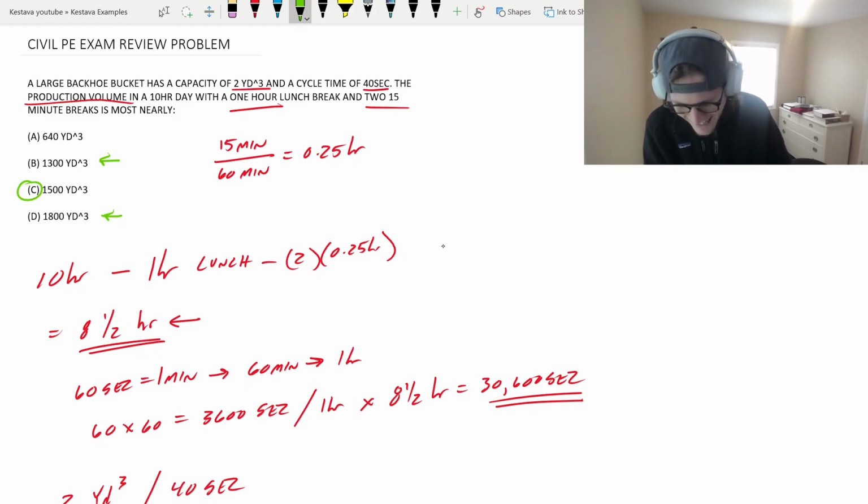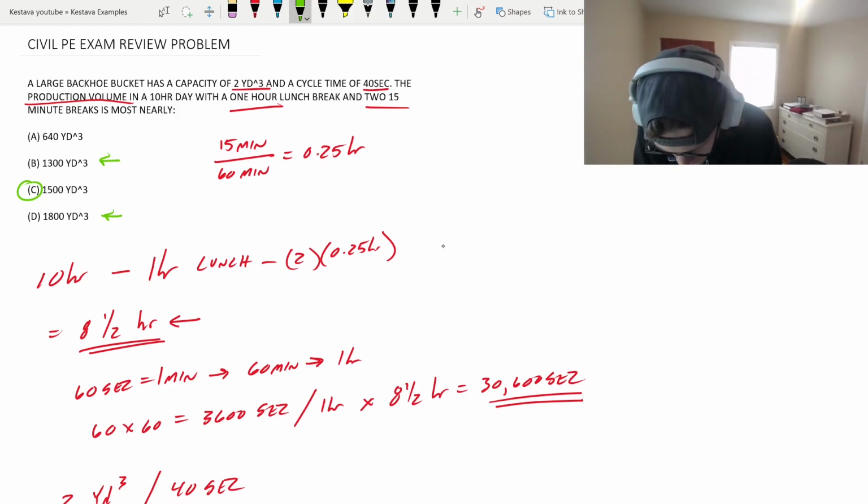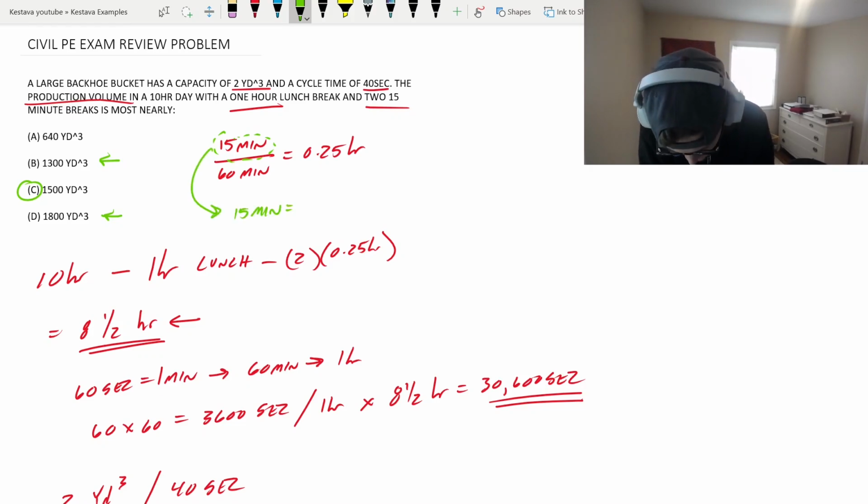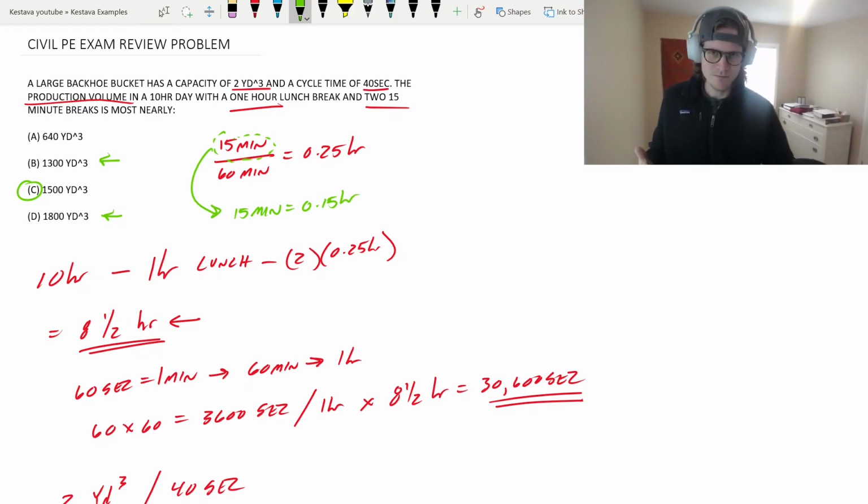One point where you could mess up when you're stressed and under a lot of pressure during the exam is that 15 minutes. You might have a brain fart and think 15 minutes is equal to 0.15 hours. When we're not stressed, we know that's not the case, but you have to remember the mental state you're going to be in.